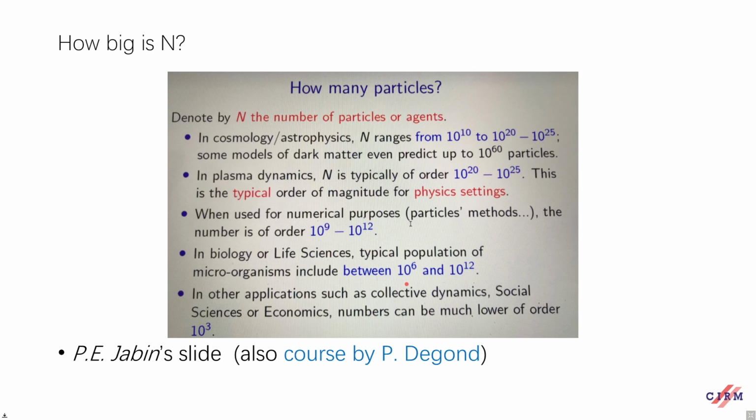There, the number of particles can range between 10 to the 6 and 10 to the 12. And particle methods also arise from collective dynamics in social behavior and economics. There it is a little bit smaller, 10 to the 3, but still okay. So that's the problem with these particle simulations: it's simply too large for us to put this system into the computer, because n can be too large.